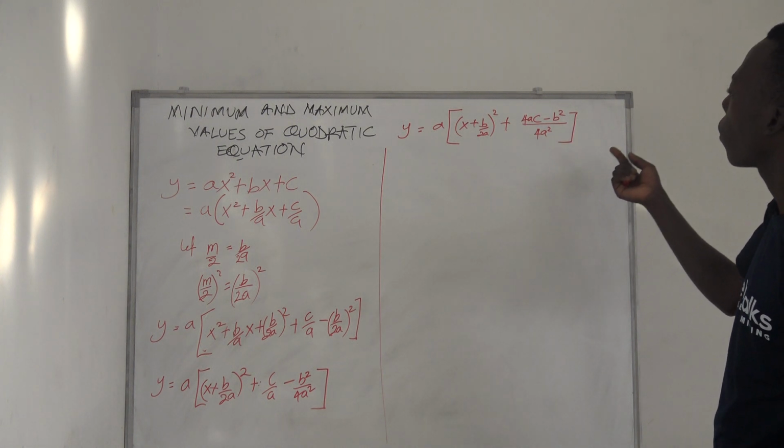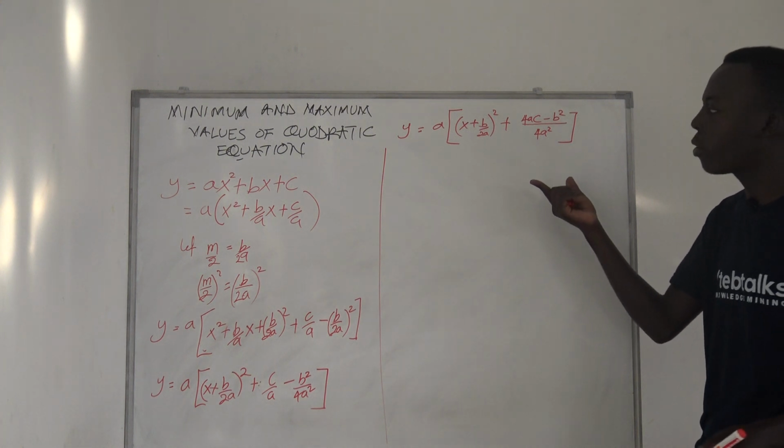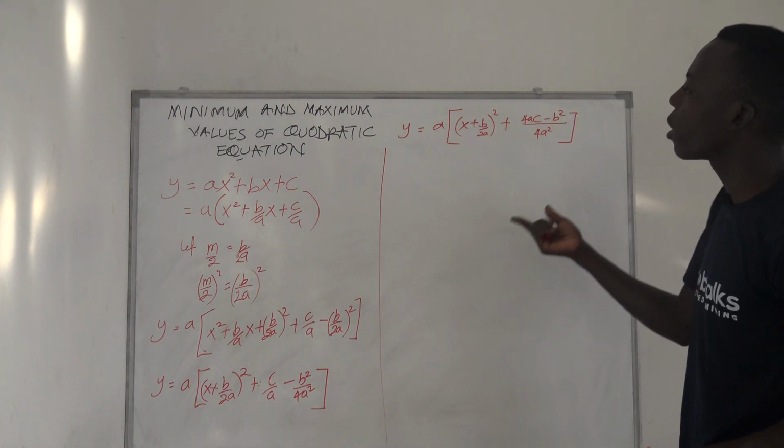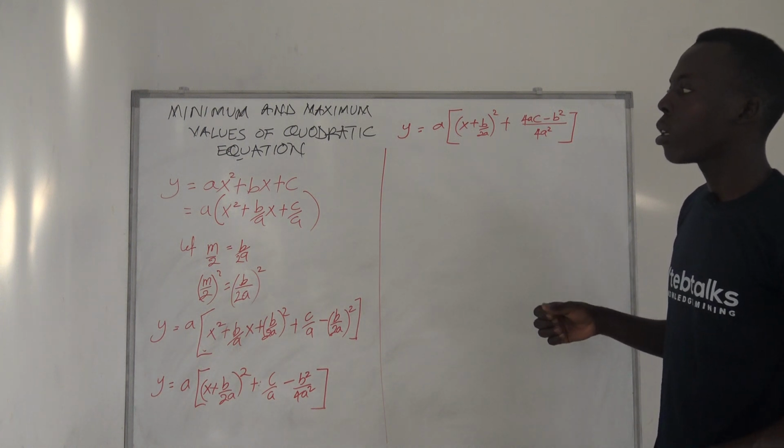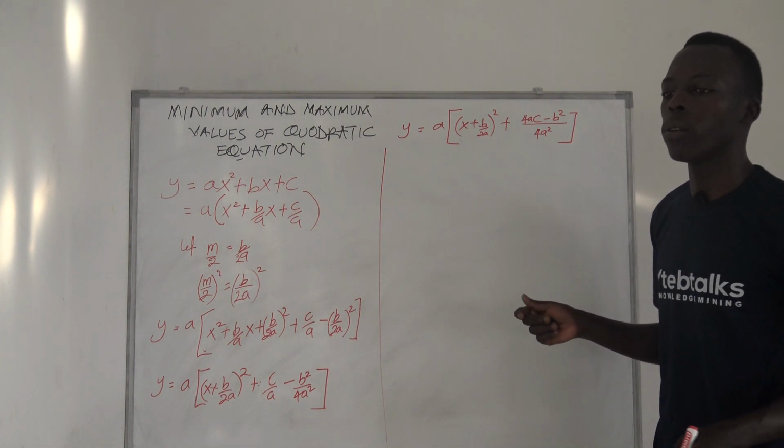Now when it's on this step, that's where we determine the minimum and the maximum value of the quadratic equation which is being given.